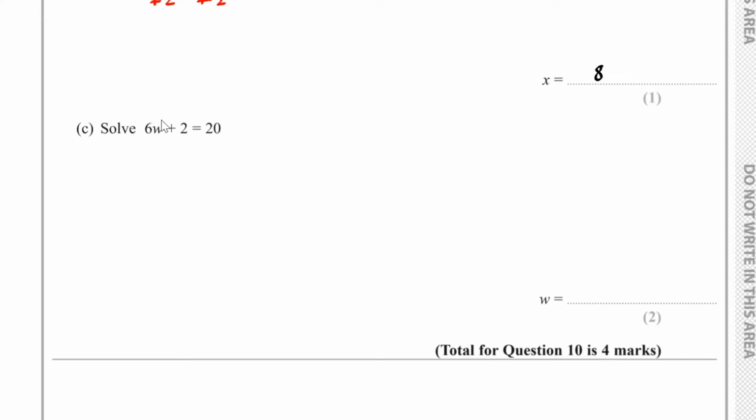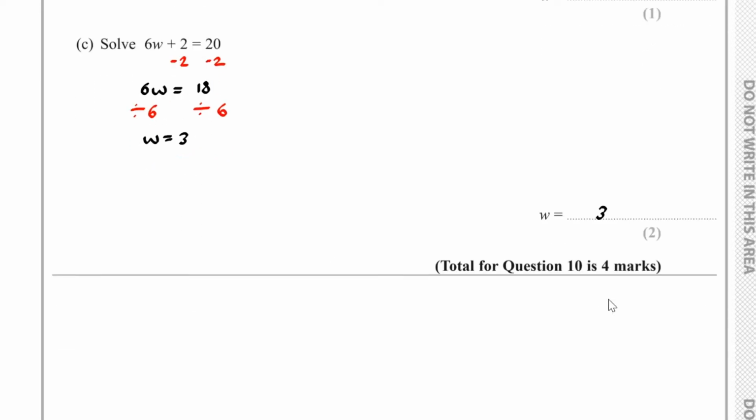Well, I want to get the w by itself, so let's get everything involving a w on its own. So if I subtract 2 from both sides, we see that 6w is equal to 18. And now if I divide both sides by 6, we see that w is equal to 18 divided by 6, which is 3. So w is equal to 3.